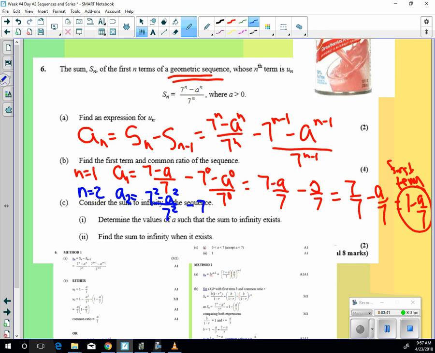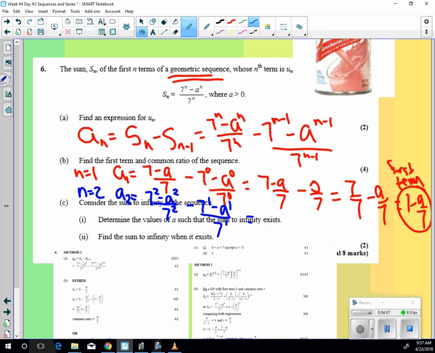Minus 7 to the first minus a. I thought she said Andy. It sounded like Andy. So you subtract those. So now what you have here is 7 squared minus a squared over 7 squared, and then this is going to be 7 minus a over 7.